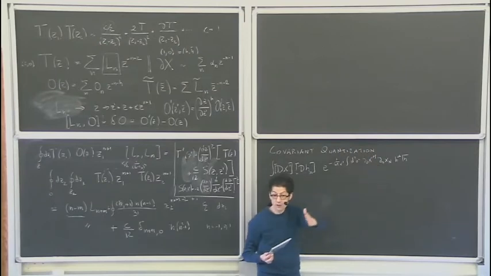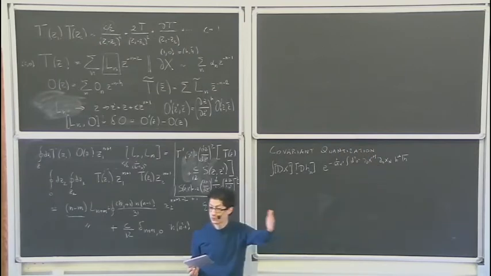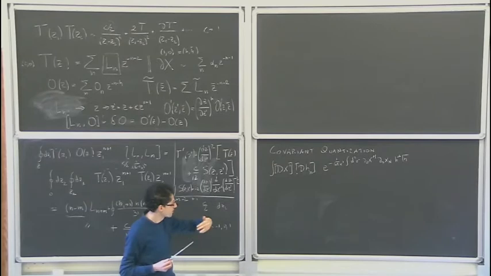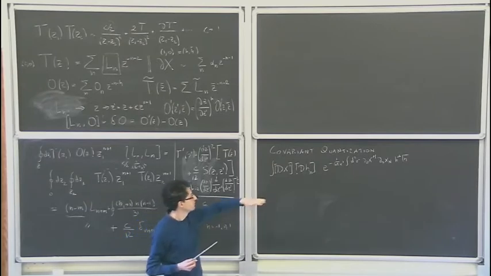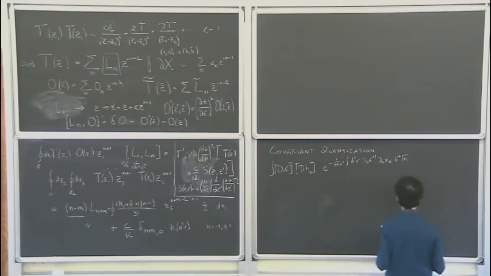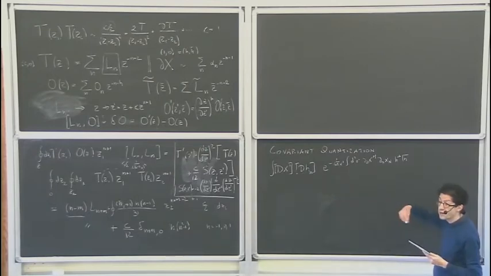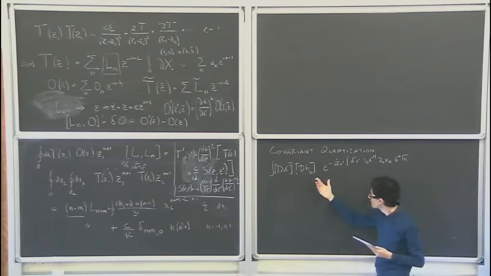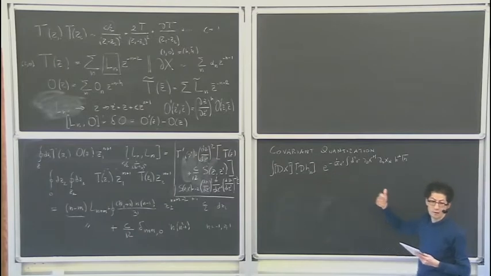And actually, the locus of equivalent metrics and equivalent fields will give you the same contribution an infinite amount of times. So the naive definition of this thing would very likely be some infinite result.